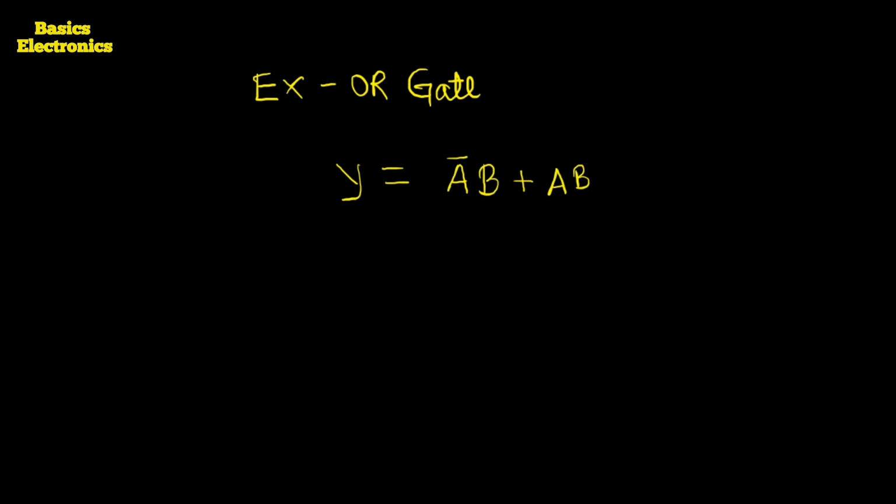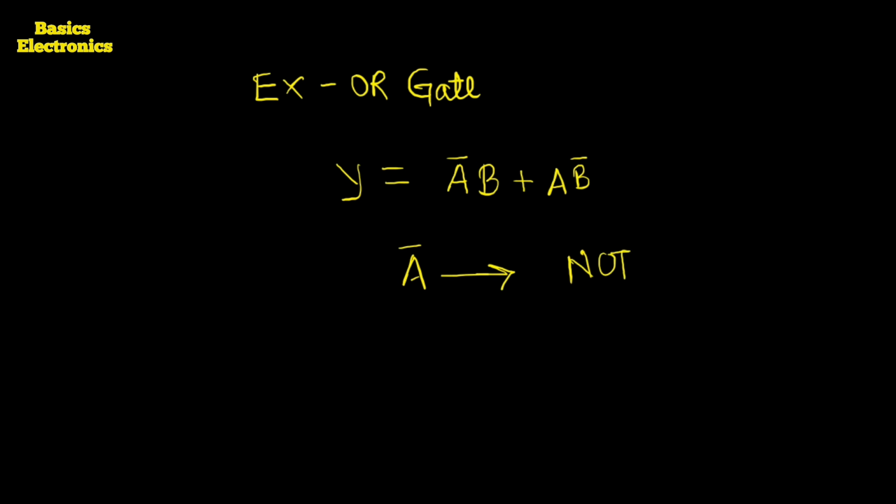If you observe this equation, it contains the operations of all three basic gates. How? See here, A complement is there, and the A complement we obtain by using the NOT gate.